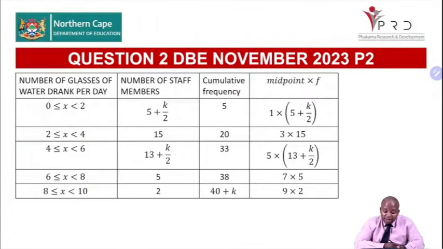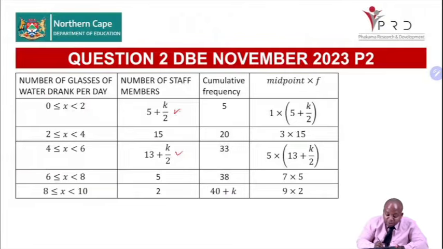So let's go back again. We're told that half, which is 1 over 2 of K, is just K over 2. They said they were from 0 to 2, and 4 to 6 again it was half of K, which is K over 2. Now to find the estimated mean, remember, we are going to take the midpoint and multiply it with our frequency.